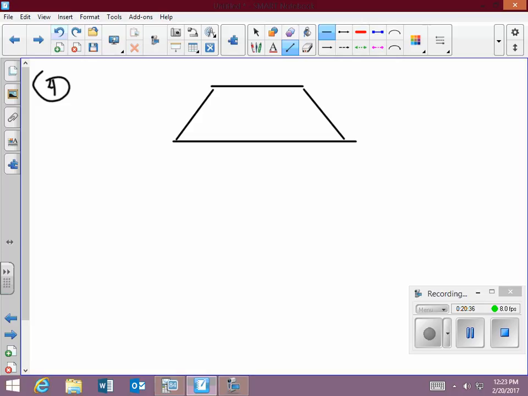Okay, and they're saying that this side equals this side. This is 10, and then this whole length is 20, and it's meters. And then this side is 13.